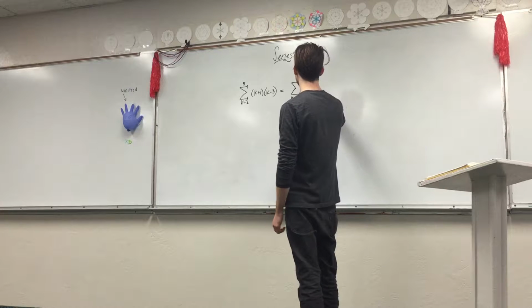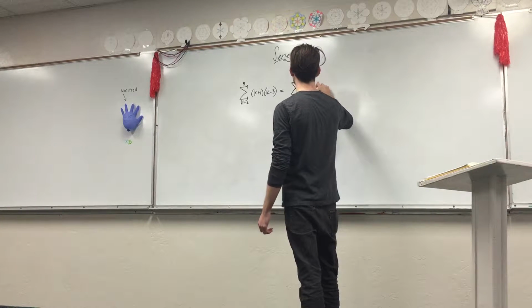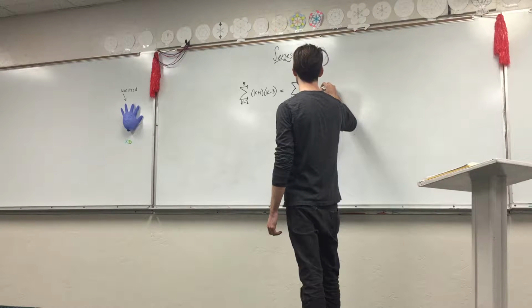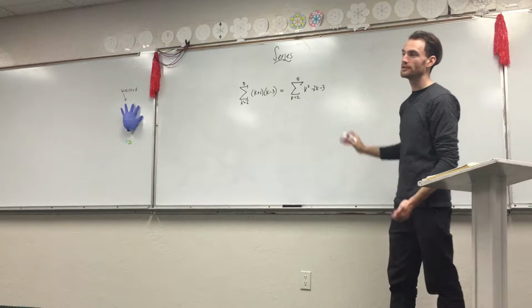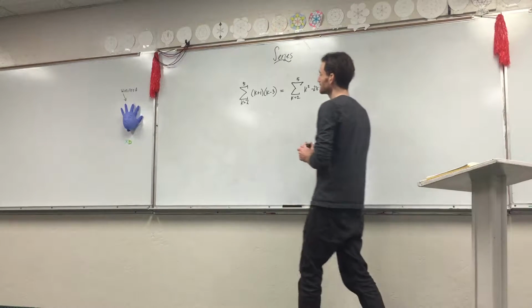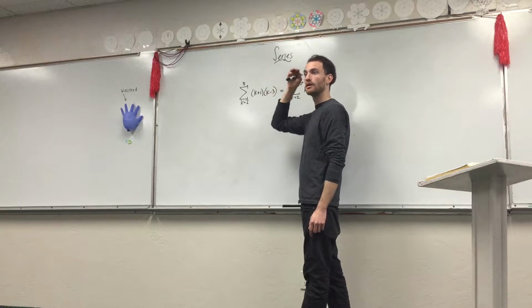I'd get k squared minus 2k minus 3, and then I could separate them. But in this case, it actually would be smarter just to plug in each number and just go with it, right? Does that make sense?